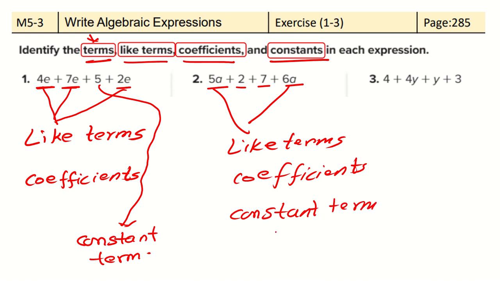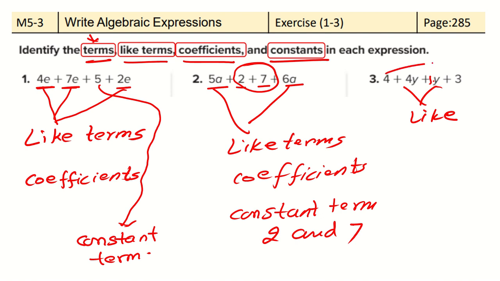Constant terms are 2 and 7. Okay, because they are written without a variable. Here 4y and y are the like terms. 4 is the coefficient, 1 is the coefficient. Why? Because with y we don't have any number, so it will be taken as 1. And this 4 and this 3 are the constant terms.